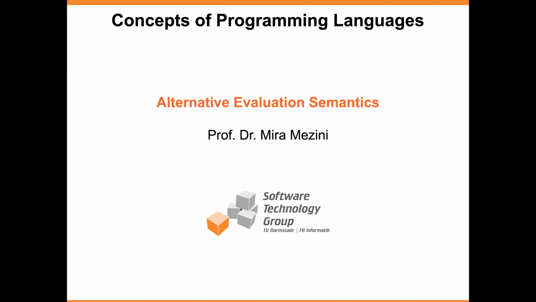So with these values, the function body is executed. And that's why it is call by value, because we first reduce arguments to values and then start executing the body of the function. Today, I will talk about two alternative evaluation semantics.